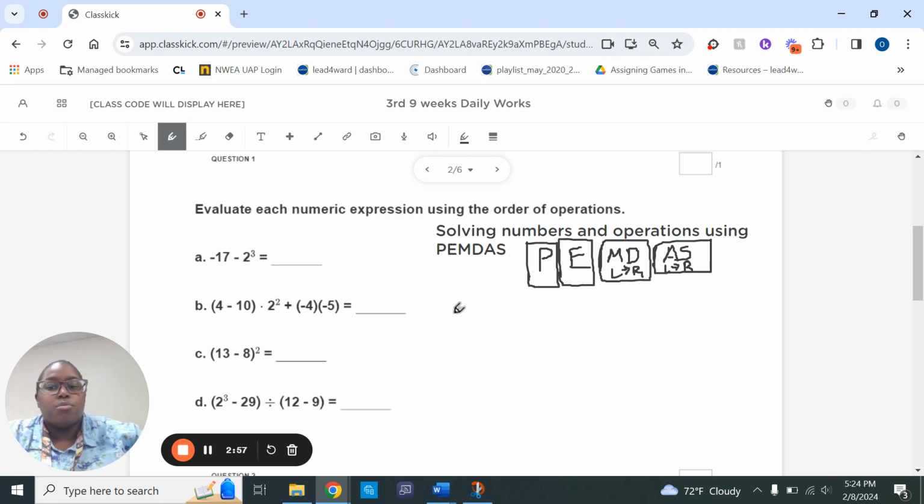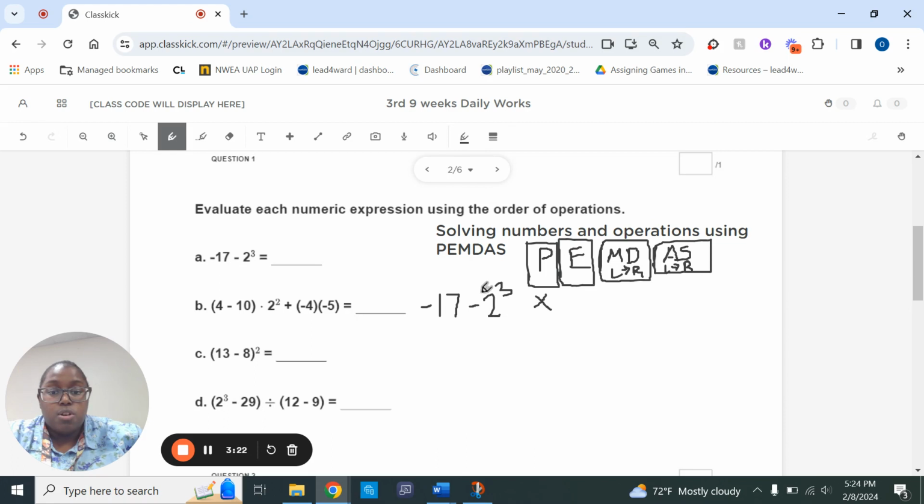Okay? Now, we're going to start with A. We have negative 17 minus 2 cubed. Now, looking at my order of operations, the first thing is parentheses, but I don't have any. Next is exponents, and I do have one of those.